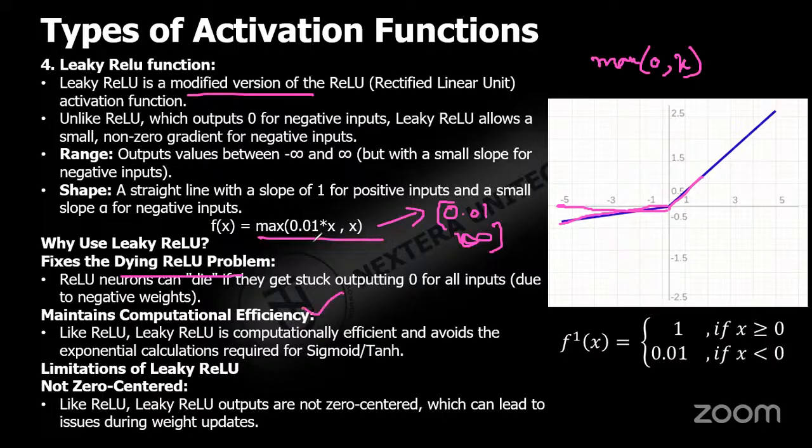It is not a burden for us to calculate. But the limitation of leaky ReLU is that it is also not zero-centered. So leaky ReLU is solving the problem that we have with ReLU, fixing the dying ReLU problem. Very important: the formula that leaky ReLU uses is max of 0.01 multiplied by x, x.